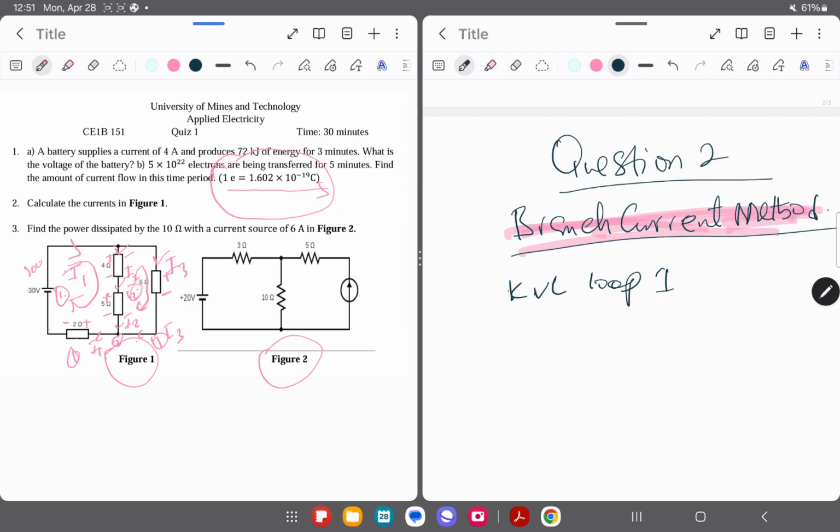So I have loop 1 and loop 2, and I'll be applying Kirchhoff's voltage law to each of these loops. Starting with loop 1, in applying Kirchhoff's voltage law, we have here 30 volts.